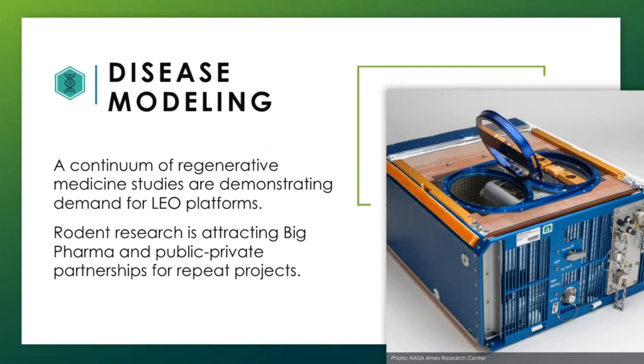Eli Lilly scientists used rodents to study an antibody to counteract muscle wasting. Houston Methodist Research Institute and Novartis are using mice to investigate nanochannel technology for controlled drug delivery. And Dr. Gattoni will speak later in more detail about those types of research.